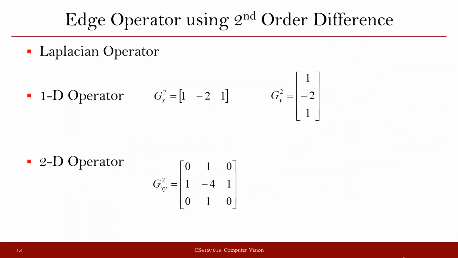If you consider these derivatives in the case of 1D, you will find that the equivalent operator can be written like this. If you have forgotten, you can go back and see the previous lecture slide.